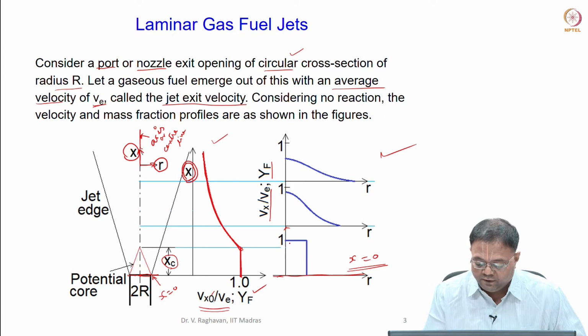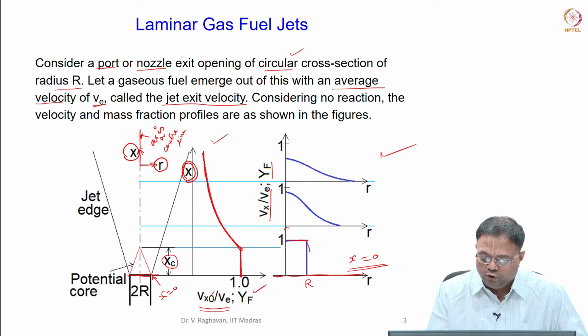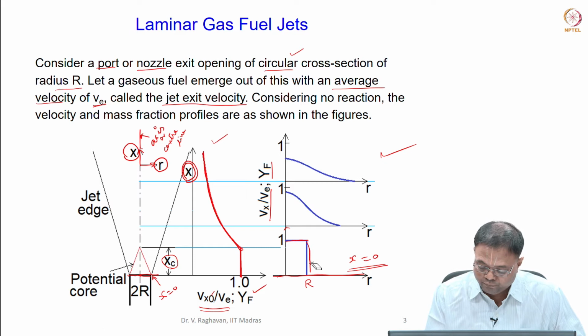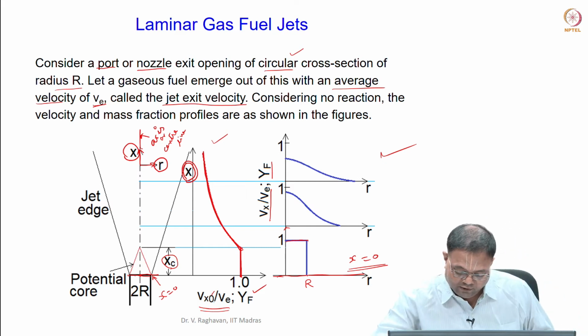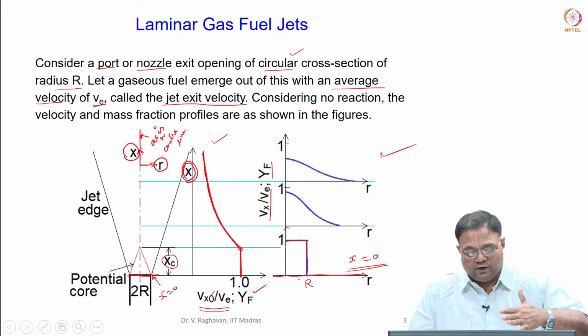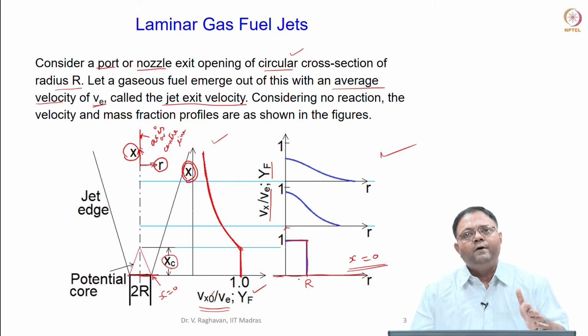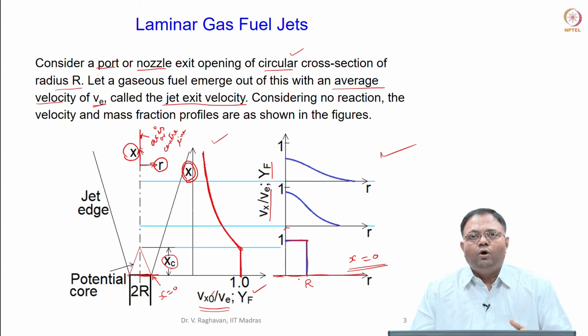This is the value of R. The value remains 1 and goes to 0 at R, the radius of the port. So, this is the profile you get, because what we have assumed here is a fully developed flow.